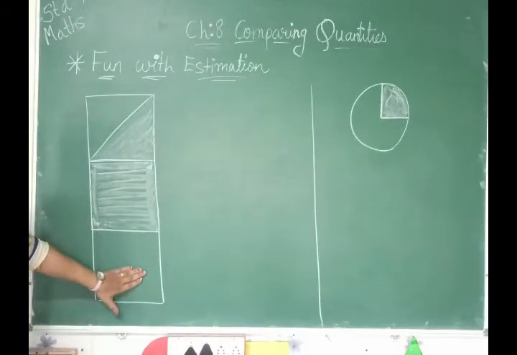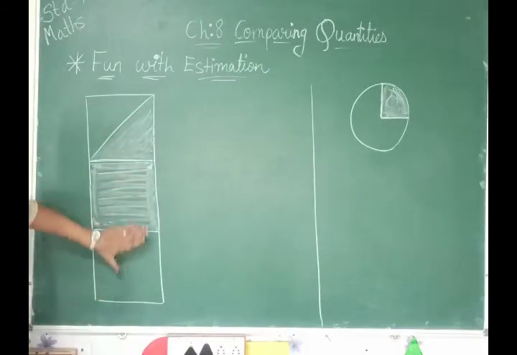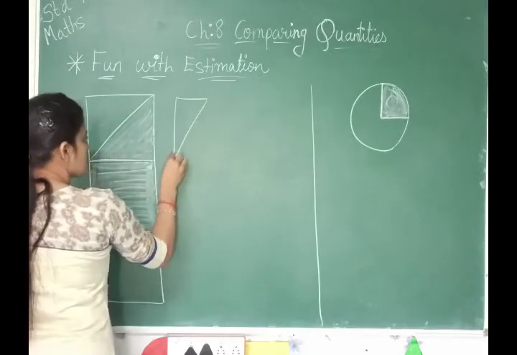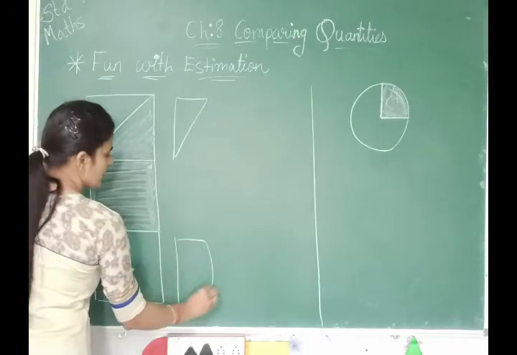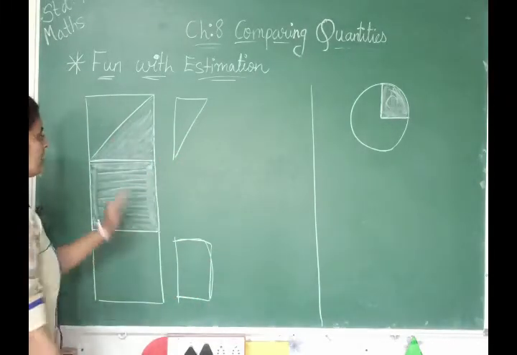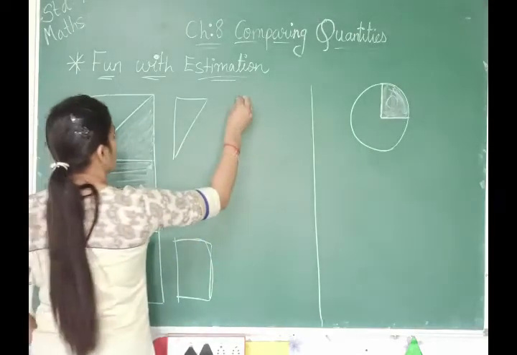Now here you can see the figure. Shaded parts are there. How much shaded parts are there? Here you can see half and half. This much is unshaded and this much is unshaded. So if we take this as one part, now only the shaded part we will draw over here.